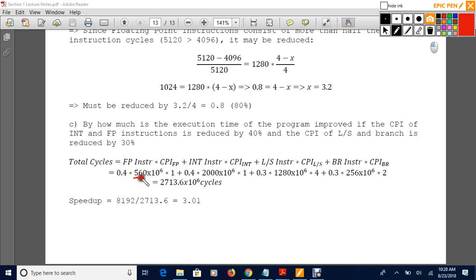So we had this initial 1, and 40% of 1 and 40% of 1 there, right? Likewise, we have 30% of 4 and 30% of 2. Then we take this and we get down to 2,713.6. And then our speedup is 8,192 divided by 2,713.6, and that comes out to pretty much 3, right?